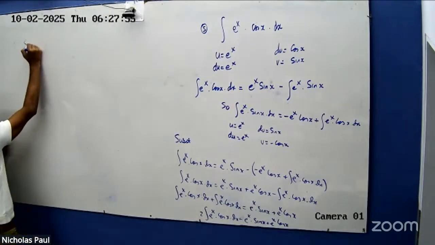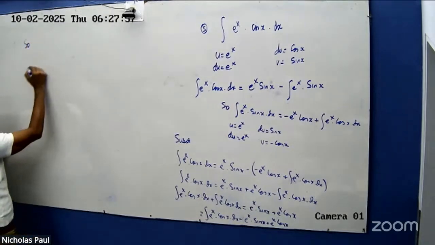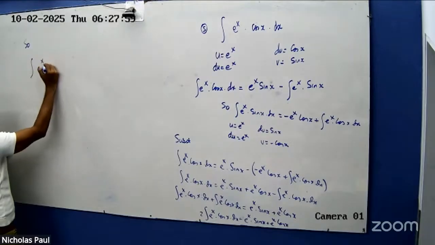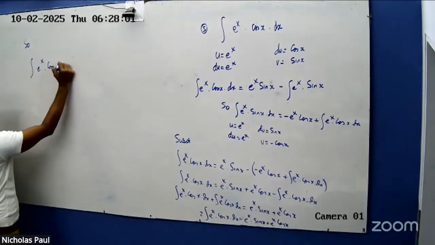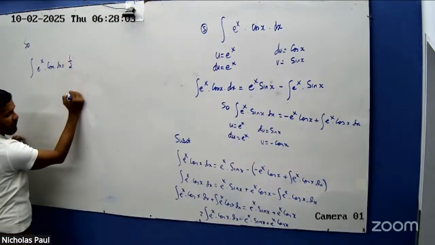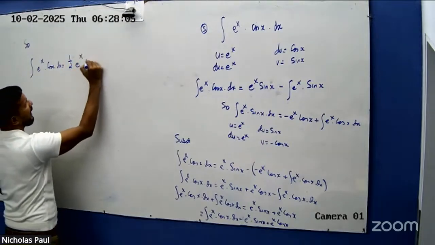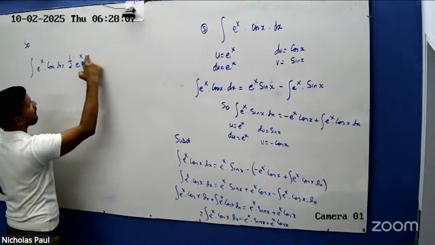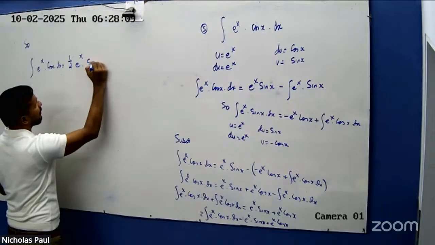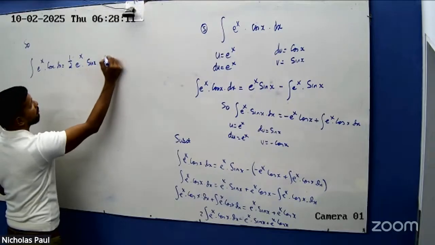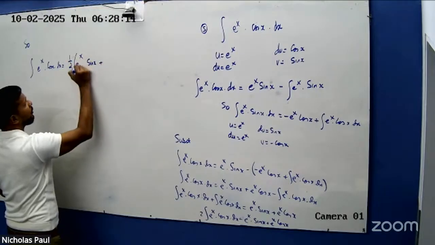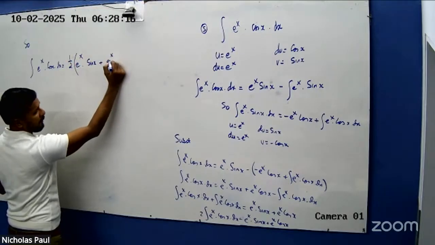And we are done, right? If we divide everything by 2, we'll get the integral of e to the x cos x dx is 1/2 e to the x sine x plus, well, a half of the whole thing, right?